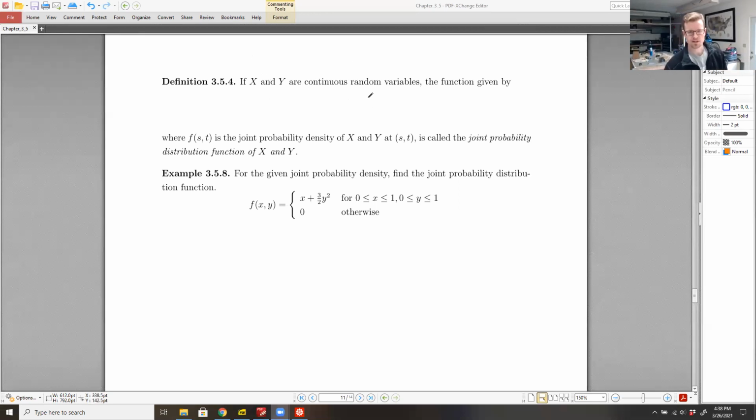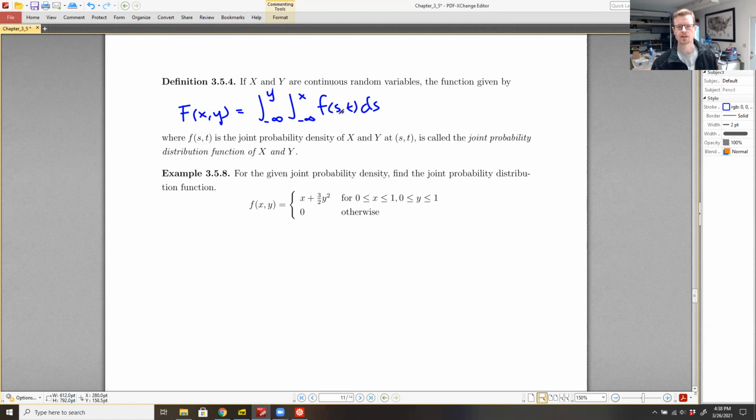If x and y are continuous random variables, then the function given by, of course, capital F of x comma y is equal to the integral from -infinity all the way up to y, and the integral from -infinity all the way up to x of f of s comma t, integrate with respect to s, the variable that we are replacing x with in the function f, dt, t being the variable we are replacing y with in f.